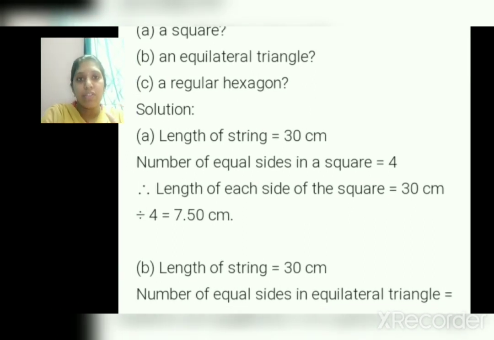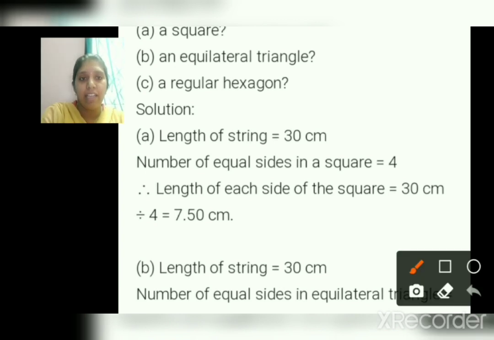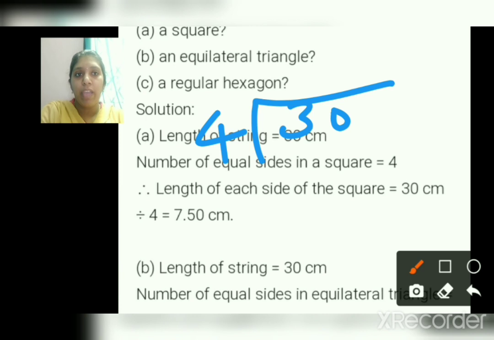So length of the string, total length, is 30 centimeter, and number of sides in a square is equal to 4. Now we have to find the length of each side. So how can we find? We have to divide. So 30 divided by 4. When you divide, 4 into 7 times we can take, it is 28.